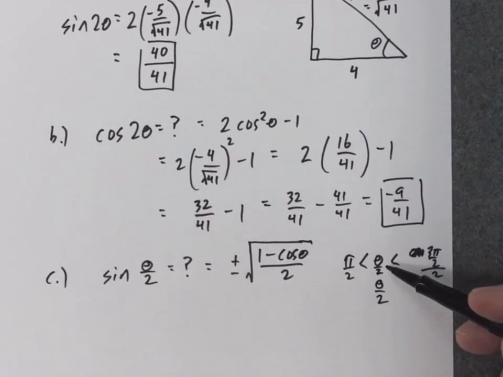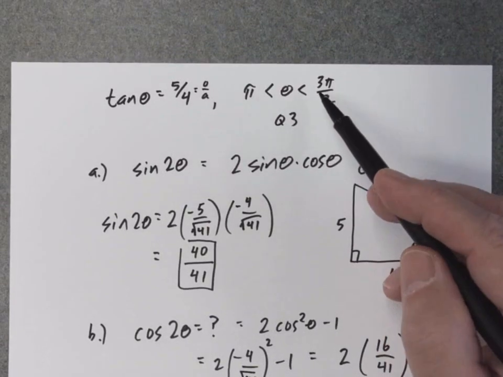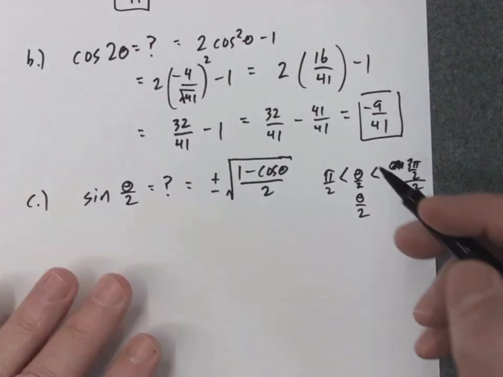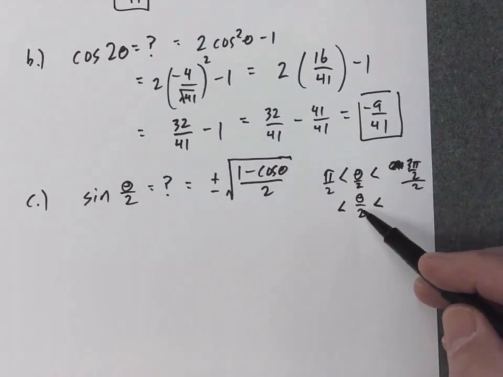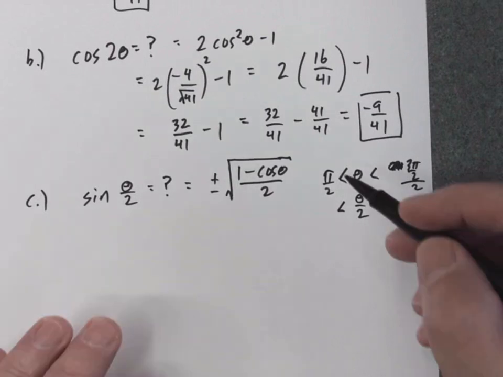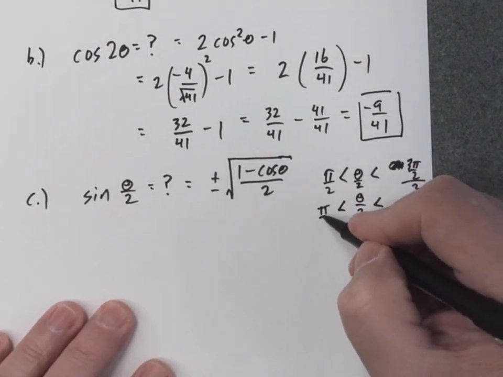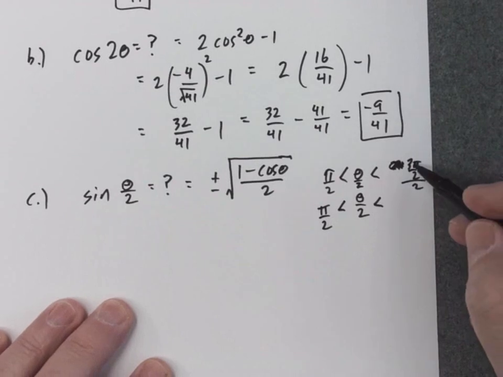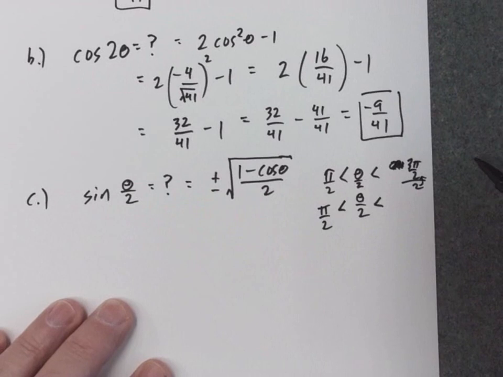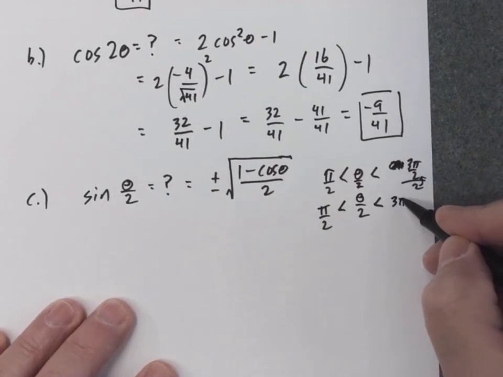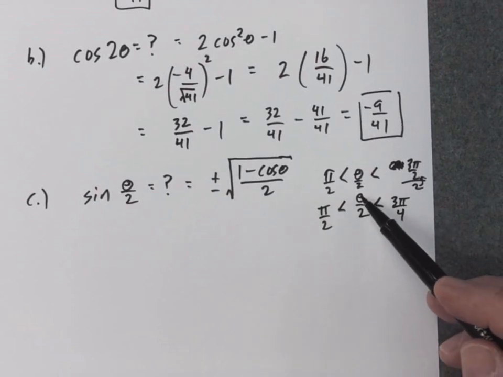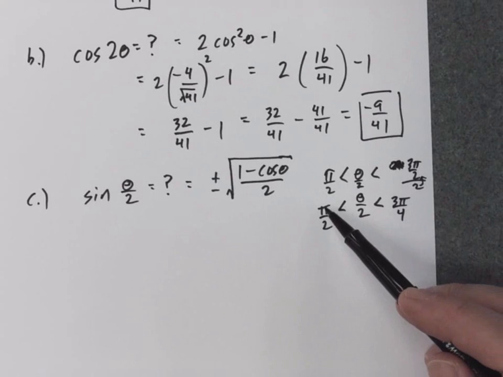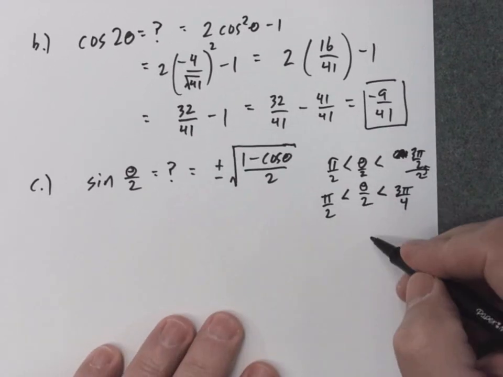So what I've done, I've converted this original inequality into an inequality for theta over 2, which is what I want to know. I want to know where is theta over 2. So now theta over 2 is going to be between pi over 2. Now here's a complex fraction. It turns out you move the 2 up here, and it becomes 3 pi over 4. So now I've determined the angle theta over 2 is between pi over 2 and 3 pi over 4.